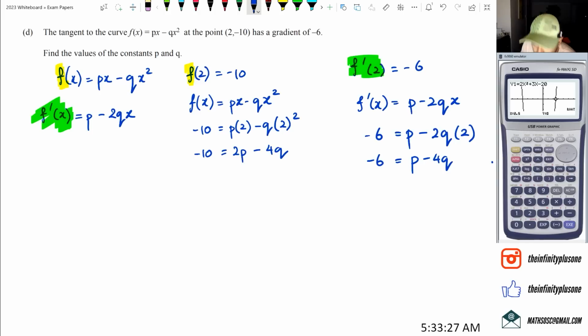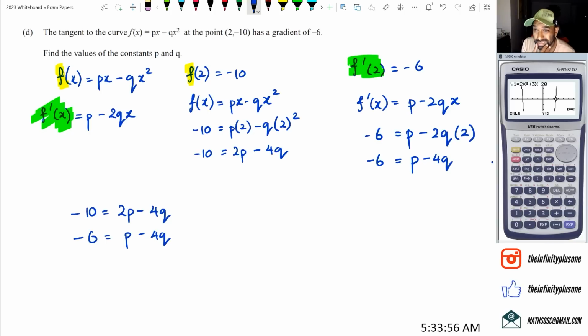I'm not going to use the graphics calculator for it, because looking at this question, I can see it nicely eliminates itself, particularly the q part. So -10 equals 2p minus 4q, and -6 equals p minus 4q.